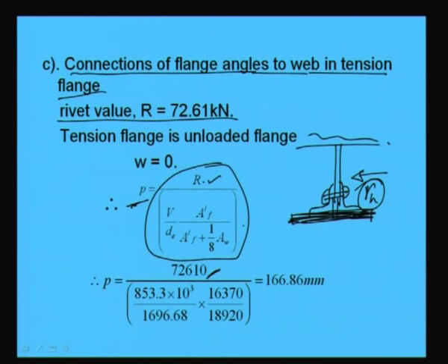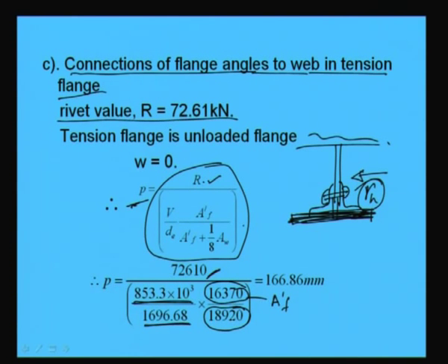by 853.3 into 10 cube, that is V, the shear force, and D is effective depth, that is 1696.68 millimeter, and then A dash F is 16370, and A dash F plus 1 by 8 A W is this one, as we have calculated earlier, 18920.